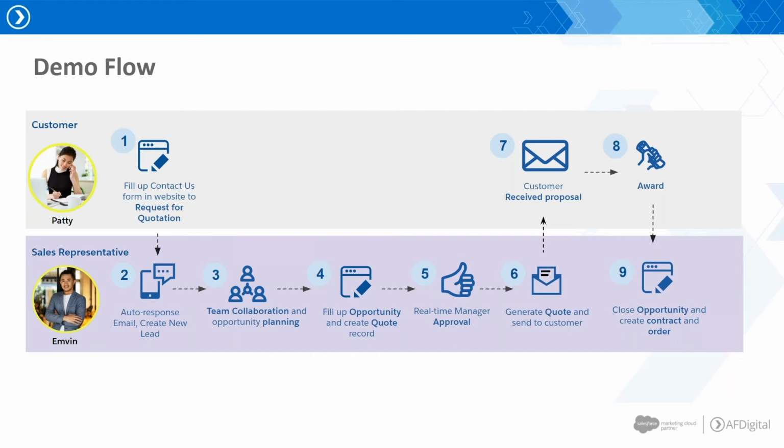We added price book, we added products, and generated the quote record. Then after generating the quote record, we submitted the quote for approval. So Mvin's manager has to approve the quotation before Mvin can send the quote to the customer. Once approved, it's time now to generate and send the PDF.